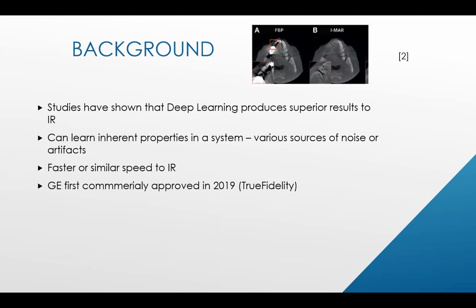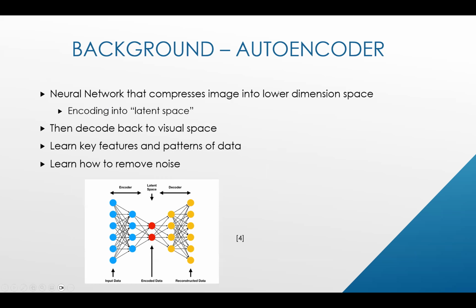The way that this works is that essentially it'll take the input data and compress it into a smaller dimensional space, and this is called encoding, and then it'll go back again and decode it back into your original image dimension.